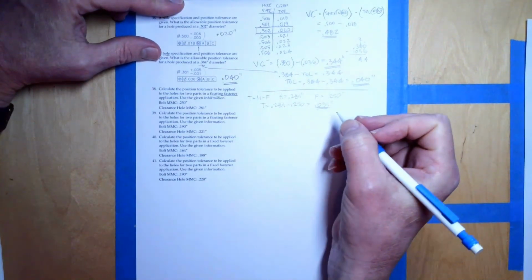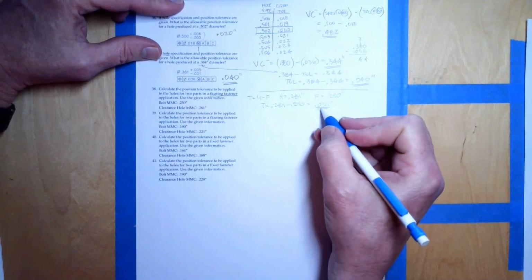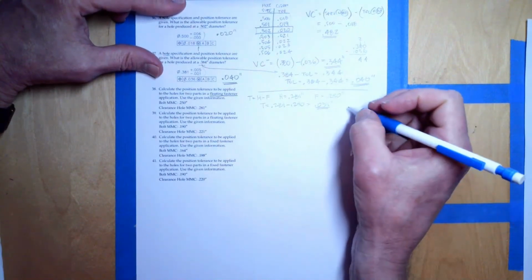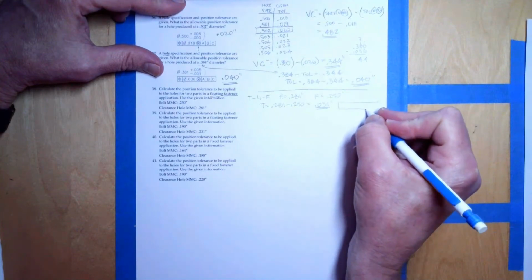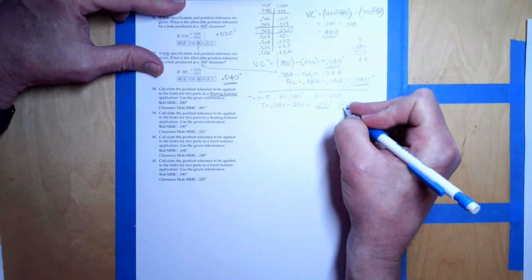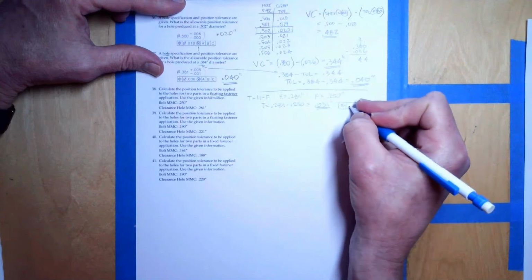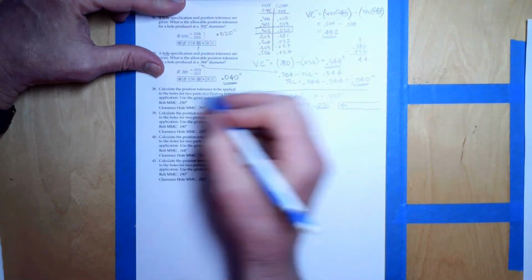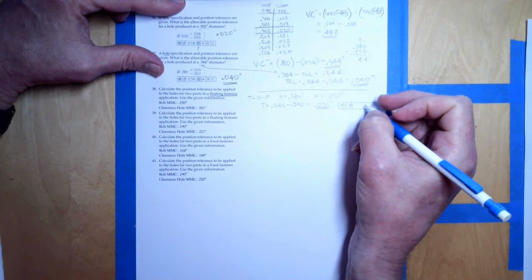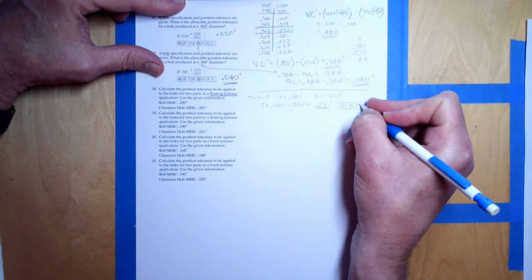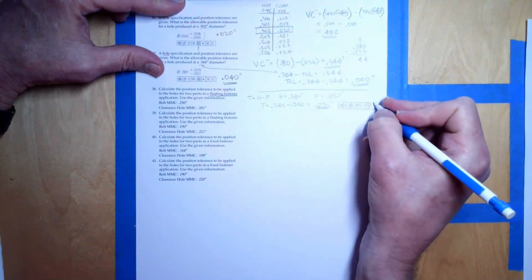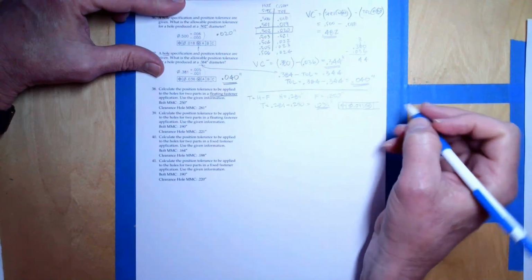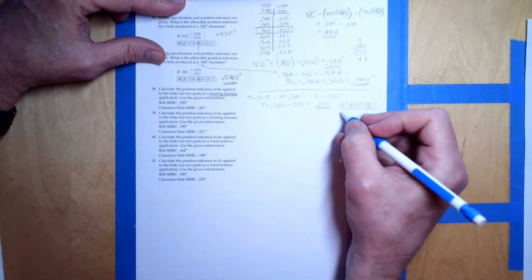This is the tolerance that we would then put in our feature control frame. I'll go ahead and do this just so you can see that. This is a hole, so we need a cylindrical tolerance zone, 0.031. We always put MMC for floating fastener, and then we don't know what the datum reference frame is, so we can leave that out. All right, so there we go.